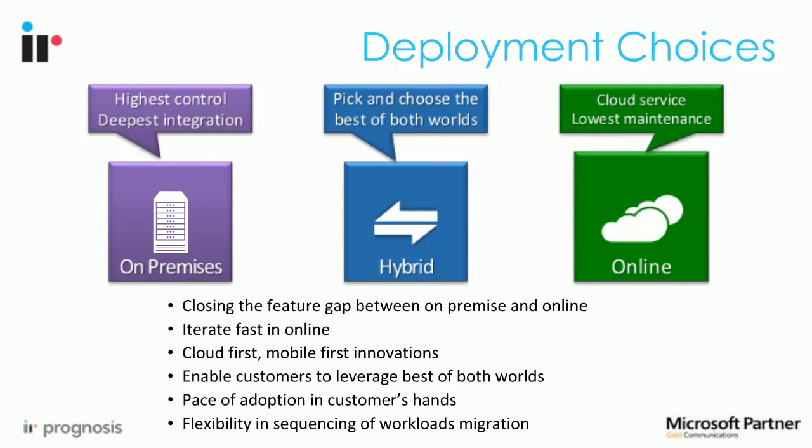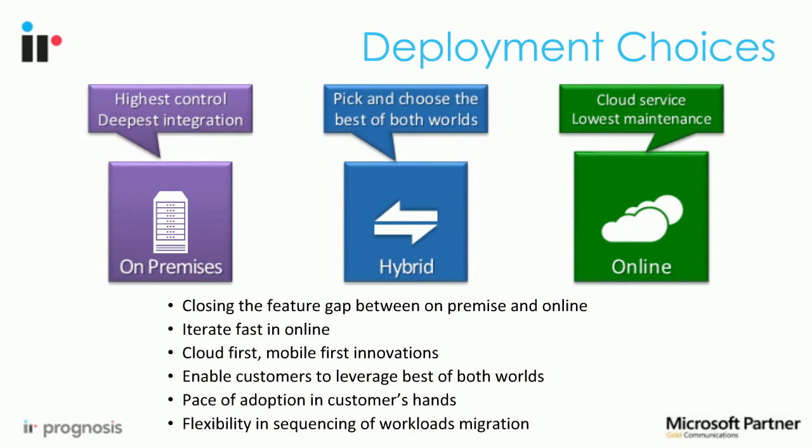And that's why people want to still maintain some sort of an on-premises deployment so that they have that control or the integration that is possible with on-premises, but who also want to take advantage of the new features that we are introducing in cloud every day. And that's where hybrid really makes a lot of sense for our customers.